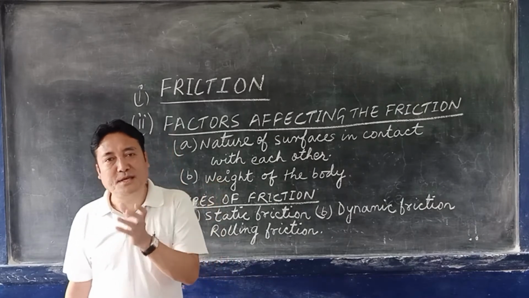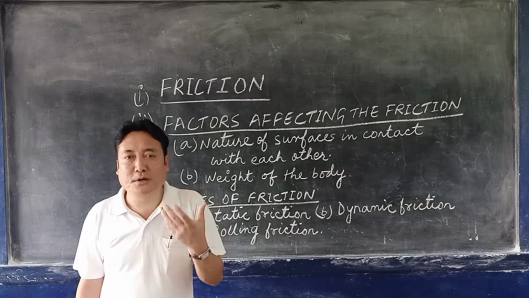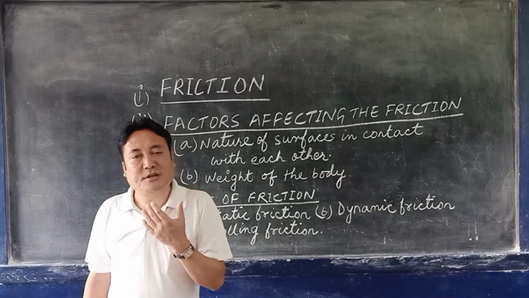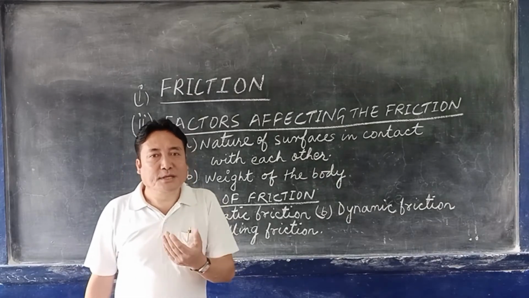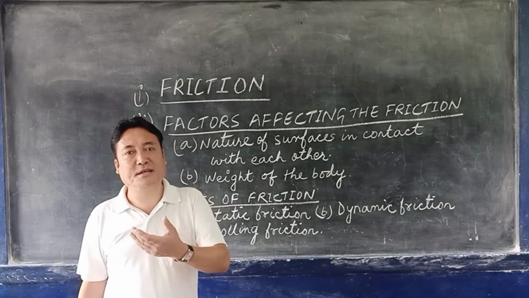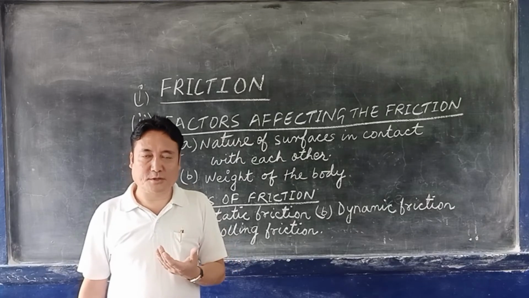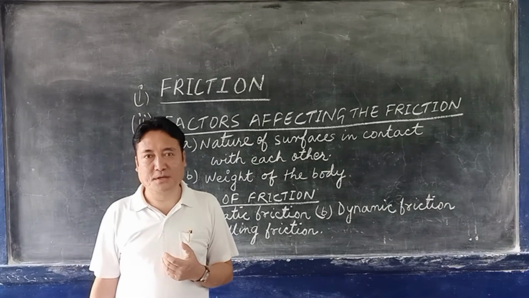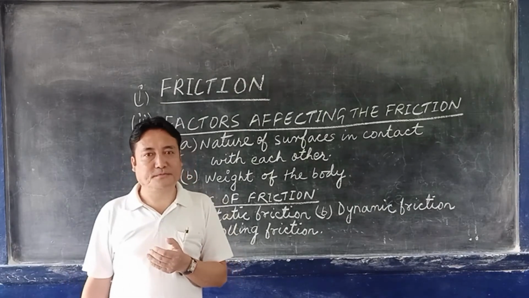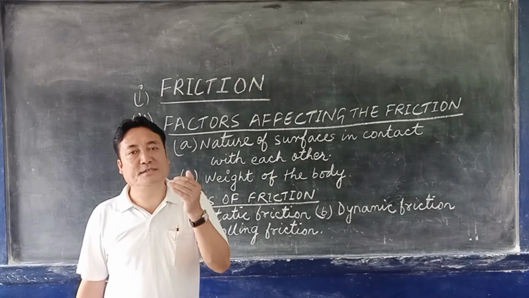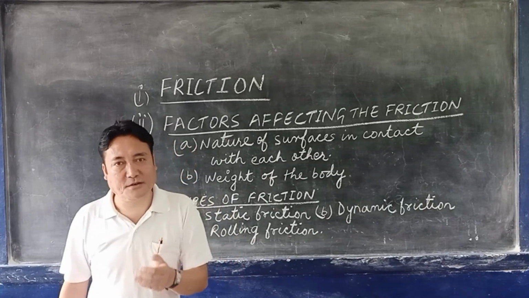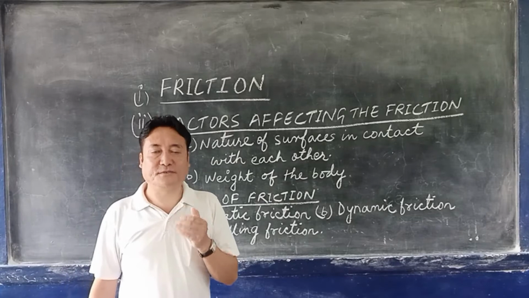If you try to move that object, it will not be able to move, or if it moves, after traveling a certain distance the motion slowly starts reducing and finally the moving body will stop. What makes the moving body stop is a force, and that force is the force of friction, or frictional force, or simply friction.